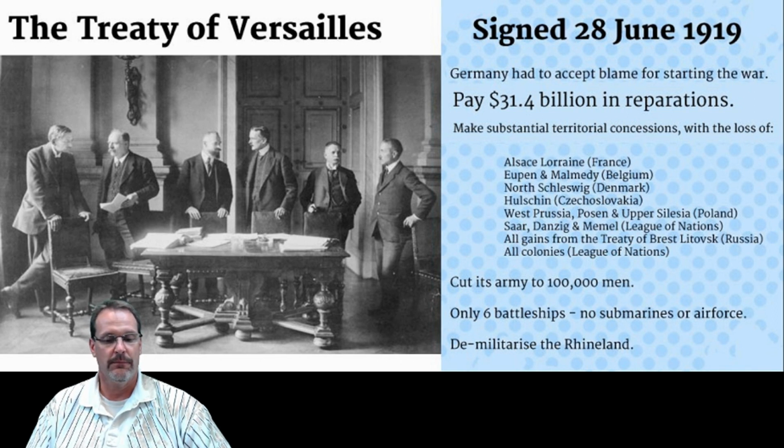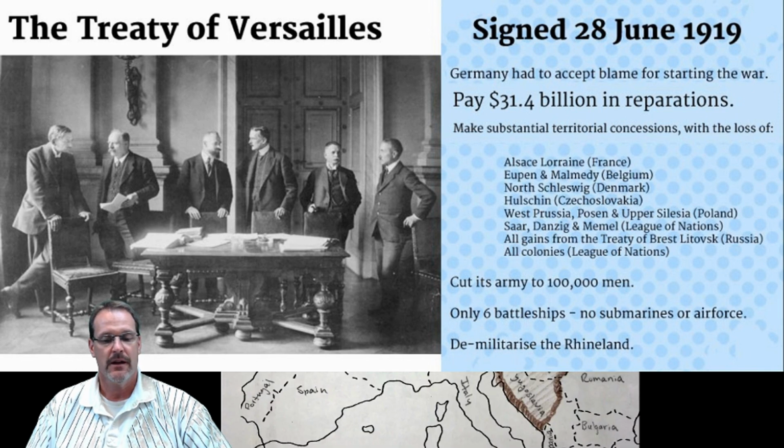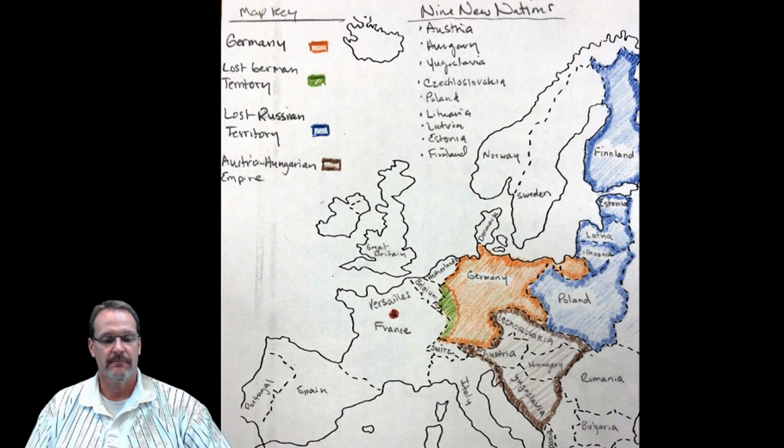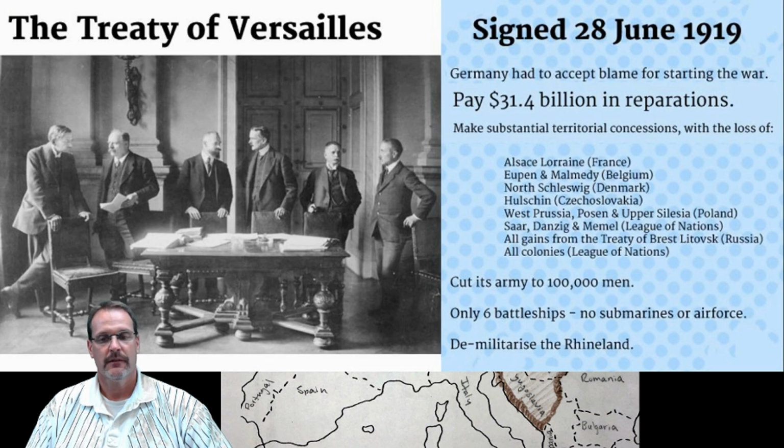So I'm going to put that post-war map up there really quick, just so this map right here. So how did Europe go from the other map to this map? Okay, and we're going to talk a little bit about that really quick, because there are some things that stick out. So let's go back to the Treaty of Versailles really quick.